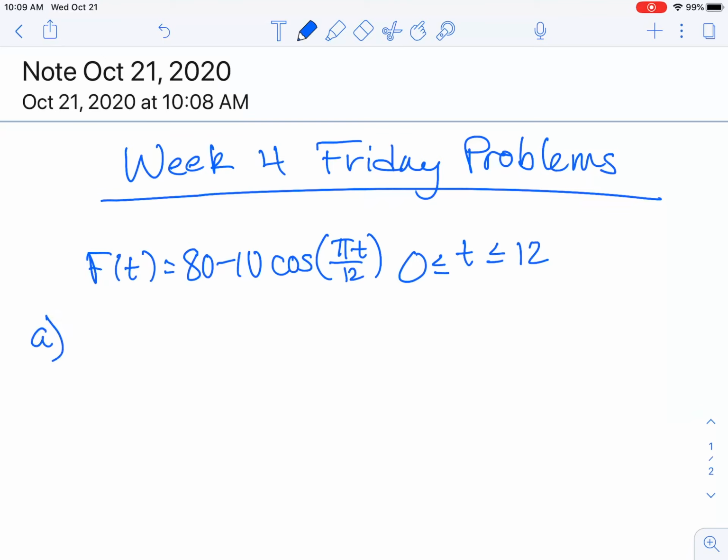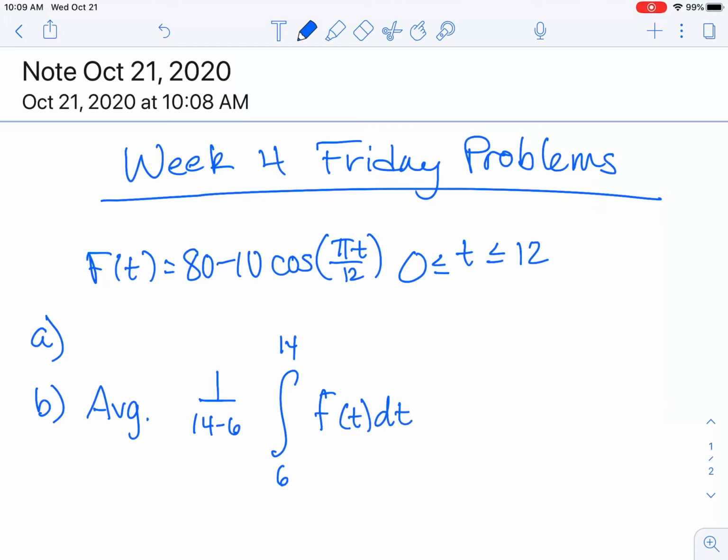Okay. For part B, the average value needed to be 1 over 14 minus 6 times the integral from 6 to 14 of f of t dt. And please do not do this by hand.